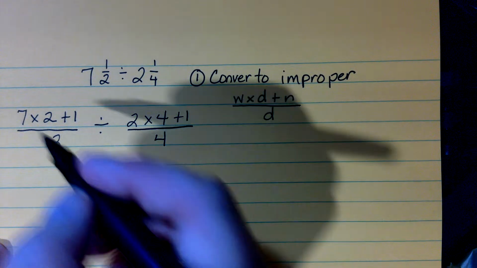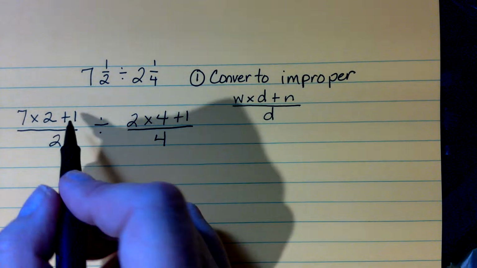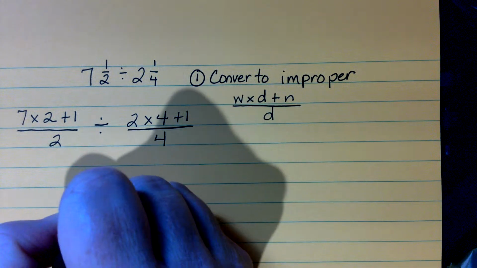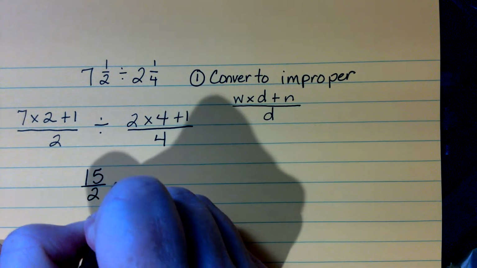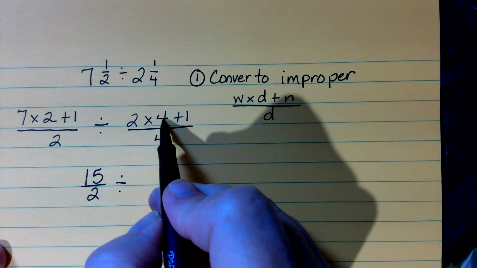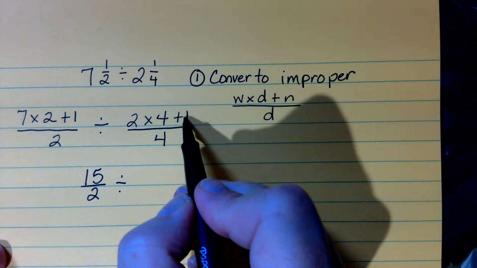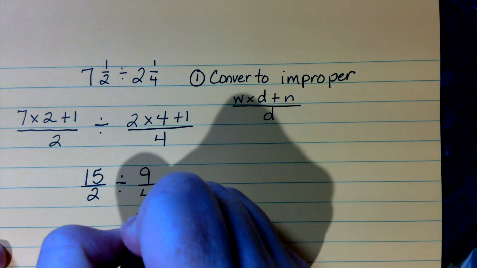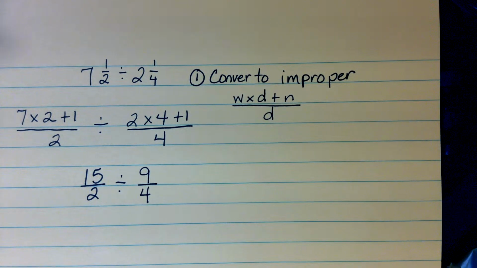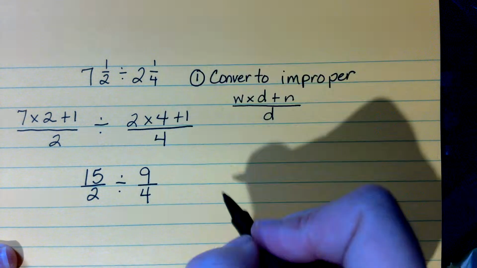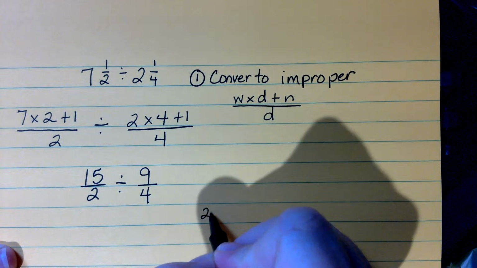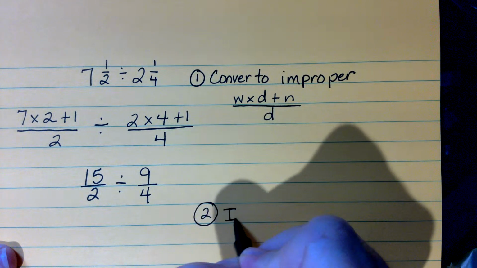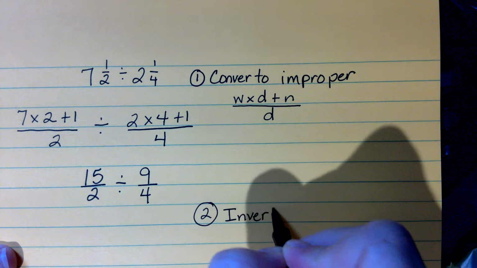All right, 7 times 2 is 14, plus 1 is 15, so this becomes 15 halves, divided by 2 times 4 is 8, 8 plus 1 is 9, so we have 9 over 4. That is all part of step 1, convert to an improper fraction. At this point, after we've done our conversion, we convert, then we invert, then we multiply, and we convert again.